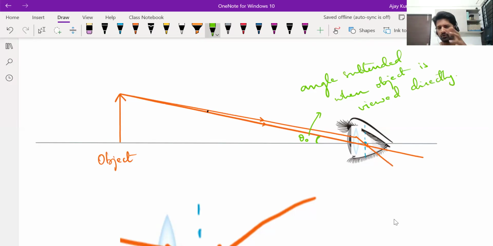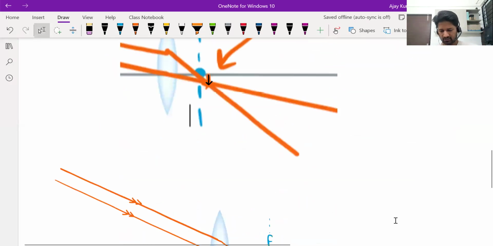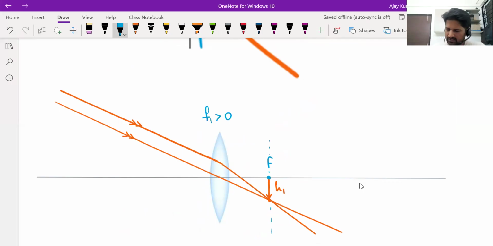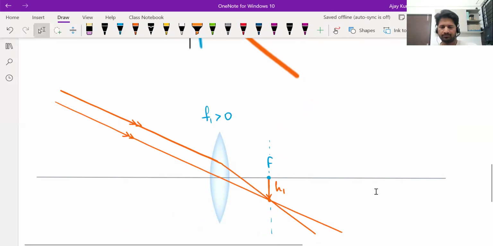Now what we want is for the telescope to enlarge this angle. We want angular magnification. Let's see how that can be done. First we allowed those rays to pass through a converging lens. This is the first lens. It has a positive focal length and it forms an image at its focus.